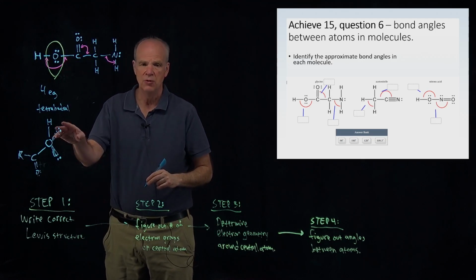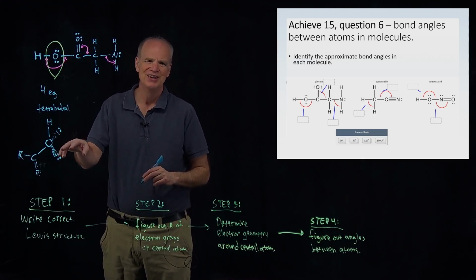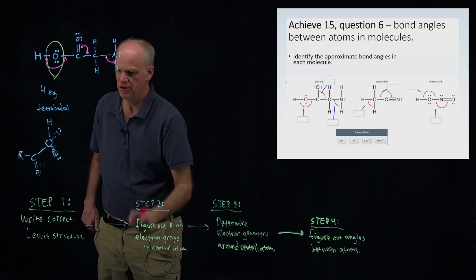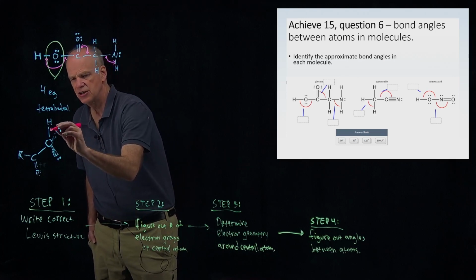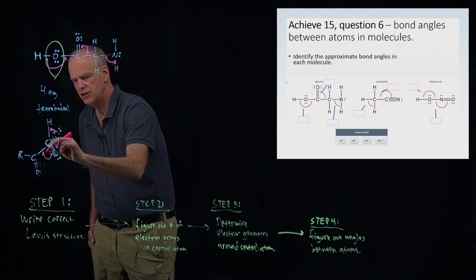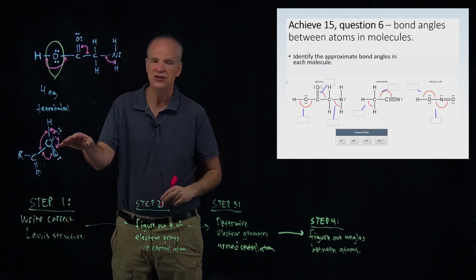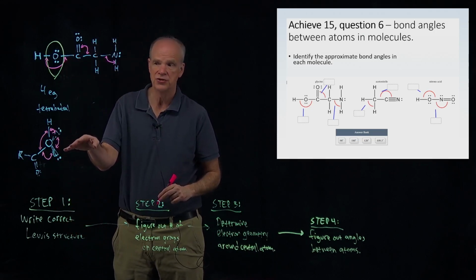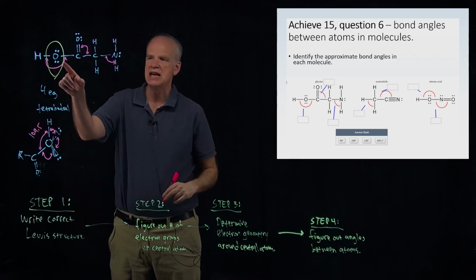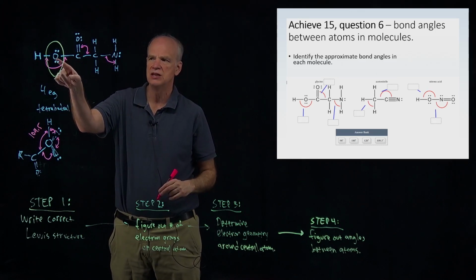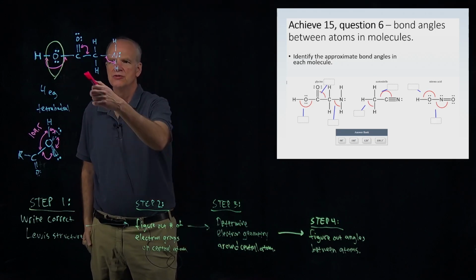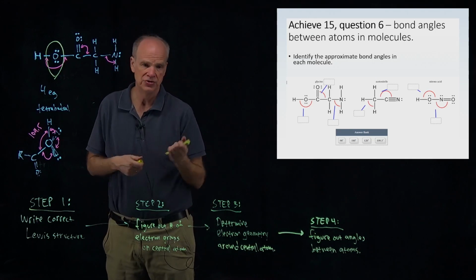I'm hoping that this 3-dimensional picture, as best as I could draw it, highlights that this is a 3-dimensional entity and that the angles between everything here, whether it be the angle between this hydrogen and the lone pair, this lone pair and this lone pair, the lone pair and the carbon, and the carbon and the hydrogen, are not going to be 90 degrees. They're going to be around 109.5. They're not going to be exactly that, but they're going to be close to that. So the answer for the angle between this bond going to hydrogen and this bond going to carbon is about 109.5. Let's go ahead and do the analysis for the other 2 really quickly.